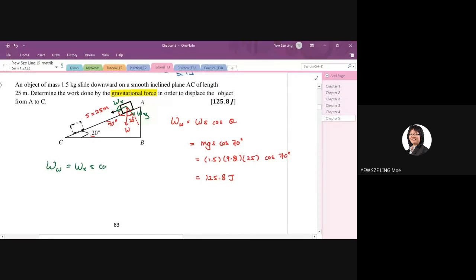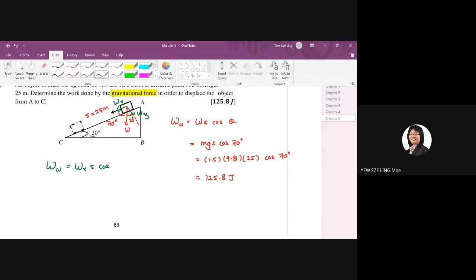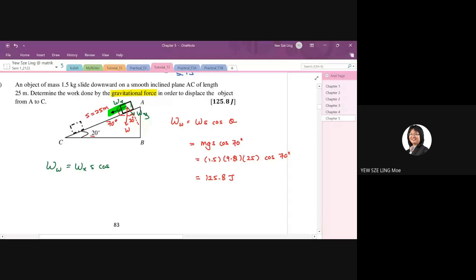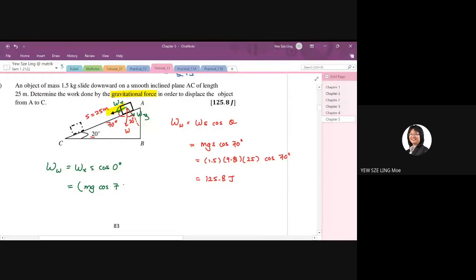S and then cos. Now you look at the diagram that I sketched, W_X and S are pointing towards the same direction. So in that case, I'm going to use cos 0 degree, which is then equal to, now, W_X is mg cos 70 degree.